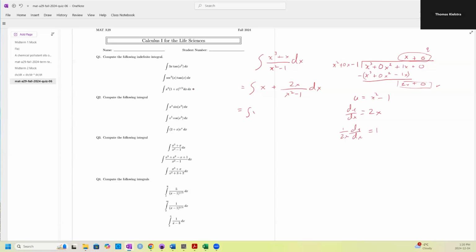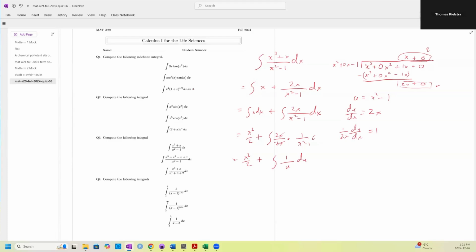So it's integral x dx plus integral 2x over x squared minus 1 dx, which equals x squared over 2 plus, and again, we're going to keep that constant over here, the integral of 2x over 2x times 1 over x squared minus 1 dx. These cancel, giving me x squared over 2 plus the integral of 1 over u du.